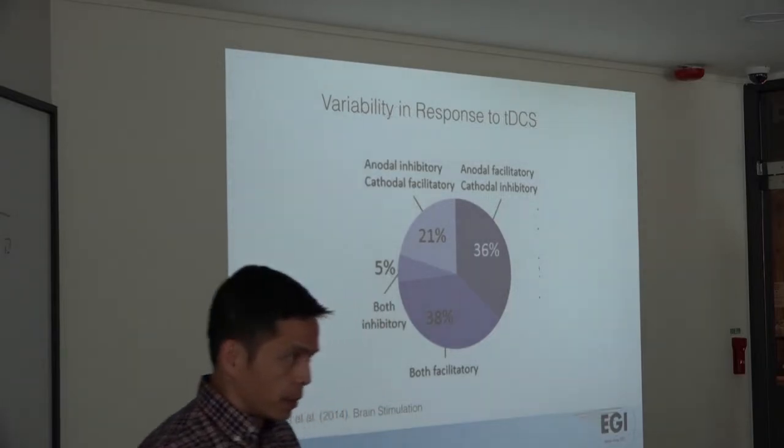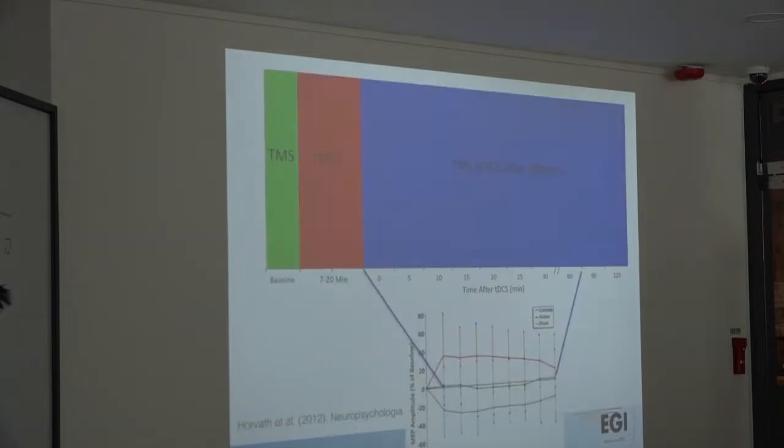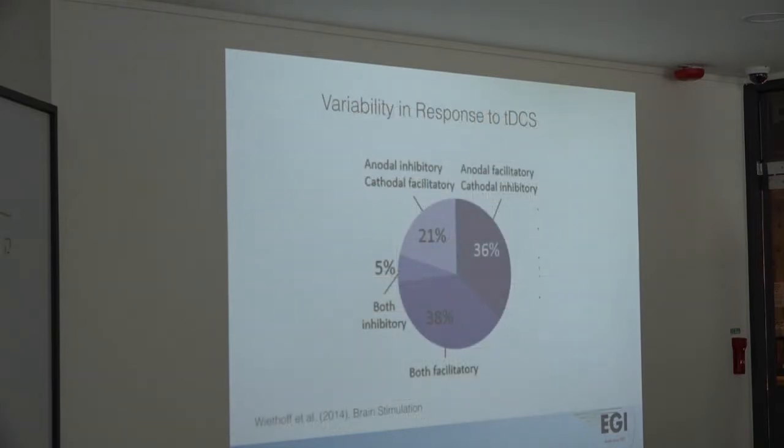The problem is this. If this is the average, but if you look at each person, if you ran a study of 30 subjects, let's just say for example, not every subject responds that way. This is the typical response.